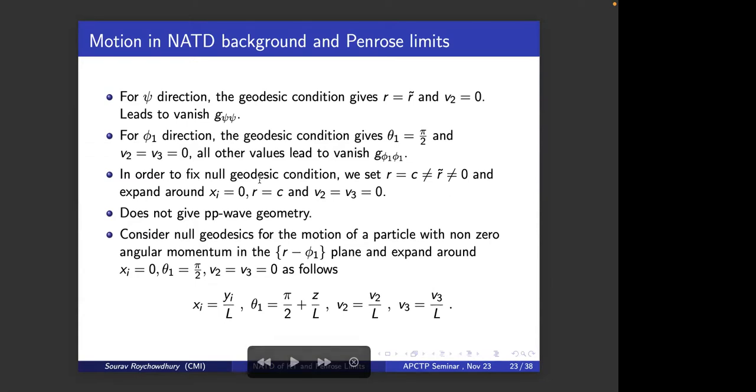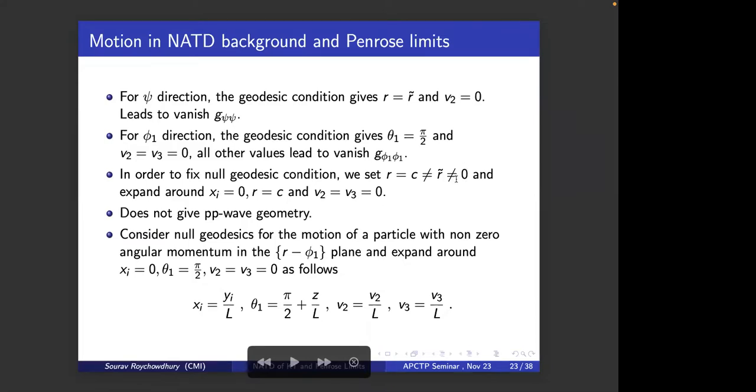However, as I mentioned, apart from the geodesic condition ∂_μ g_ψψ equal to 0, we also have to ensure the null geodesic condition in order to obtain the pp-wave. What we did in our work: first we fixed R equal to some constant, which is not R tilde or 0, because these are singular values.